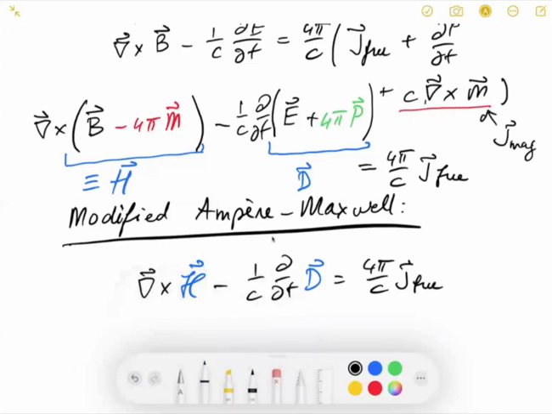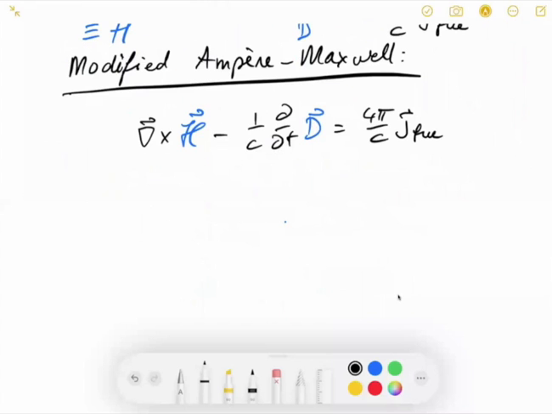It's the original J that we had, but now it's included there. So that's pretty cool. Let me write that down.